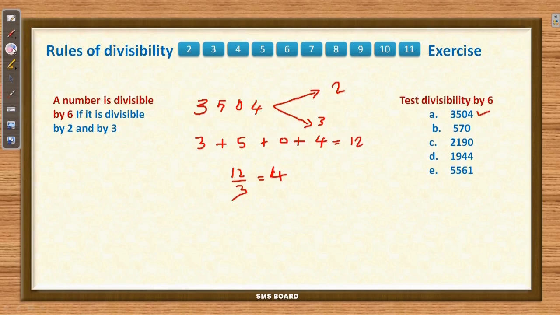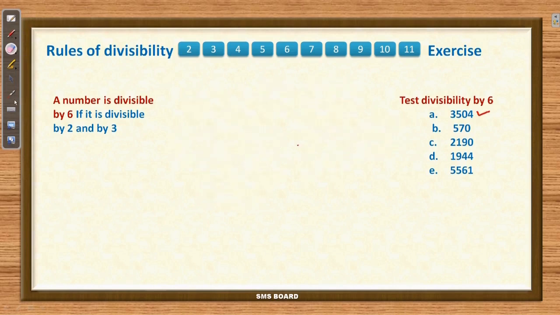Now let us go to the next problem. The next problem is 570. Now 570 is ending with 0. If a number is ending with 0, then according to the rule of divisibility by 2, this number is divisible by 2. Now let us discuss the divisibility test by 3.